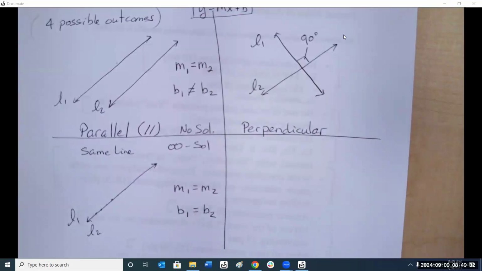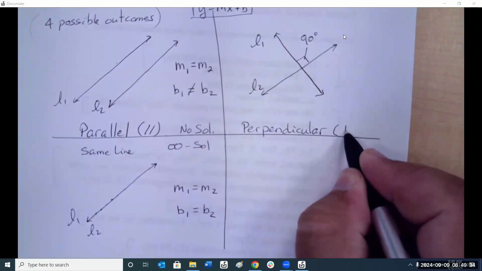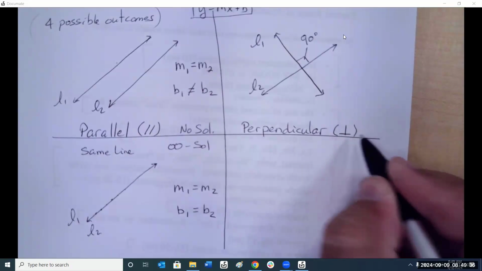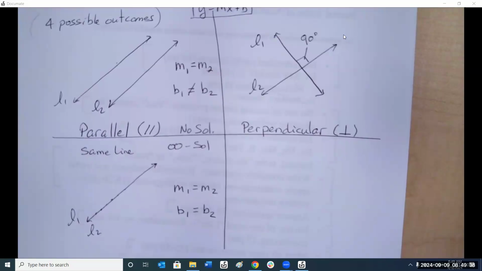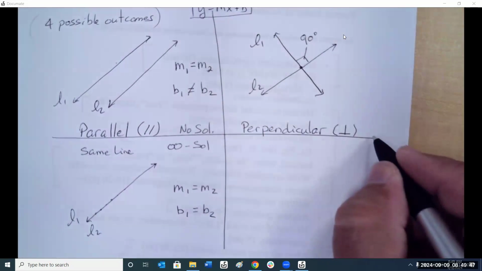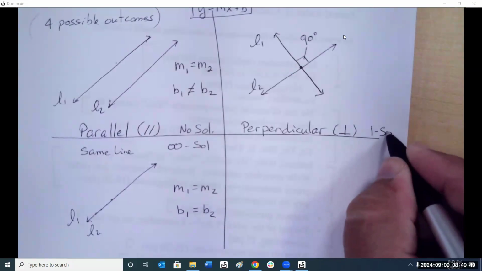Perpendicular, which we just write as an upside down T. How many solutions do they have there? Yeah, because where they cross, one solution.